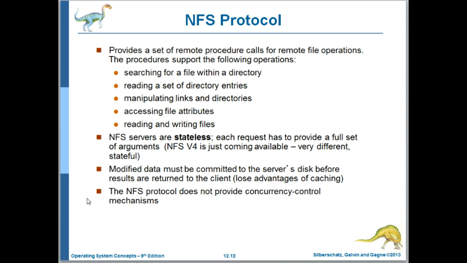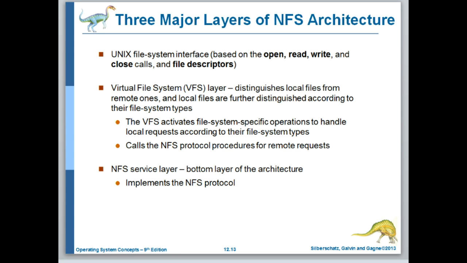concurrency control. Okay, of course, the user program is still going to open and close files using file descriptors, but that's a layer of abstraction, and when you think about it, that's not something that we would want to change for processes that are working with files that are served across NFS.